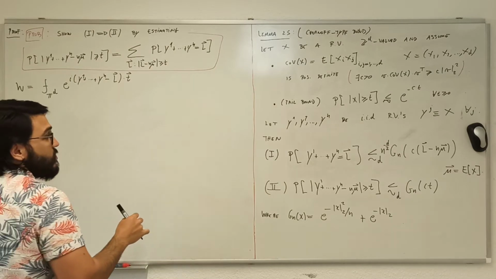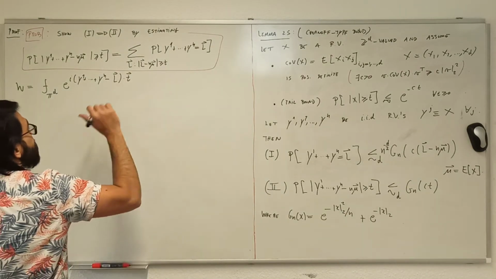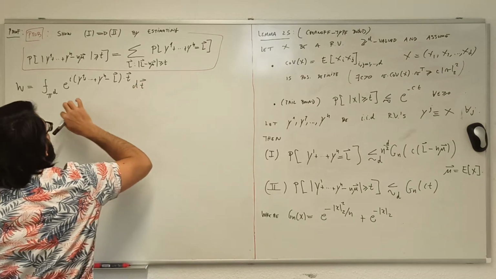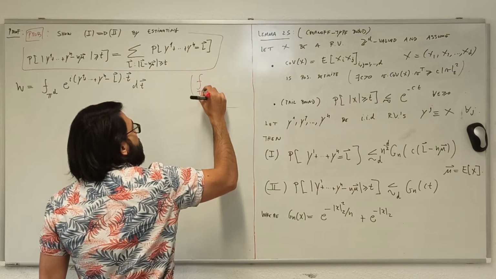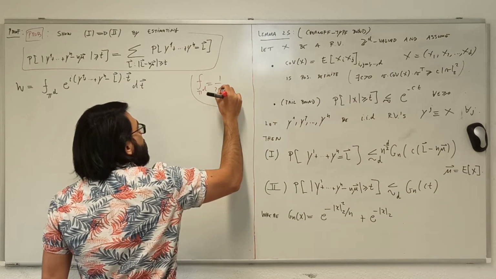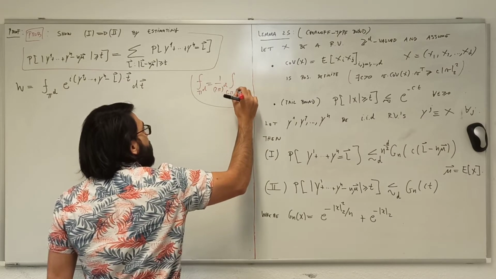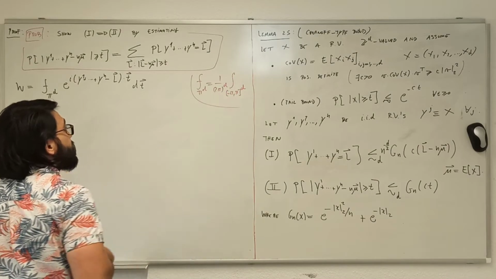Or maybe I shouldn't use the same t. Well, I'll use t here as a vector, and that t here is another t. What I mean by this is the average integral over the torus.